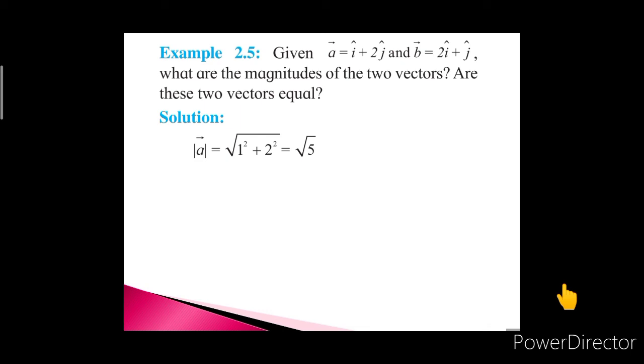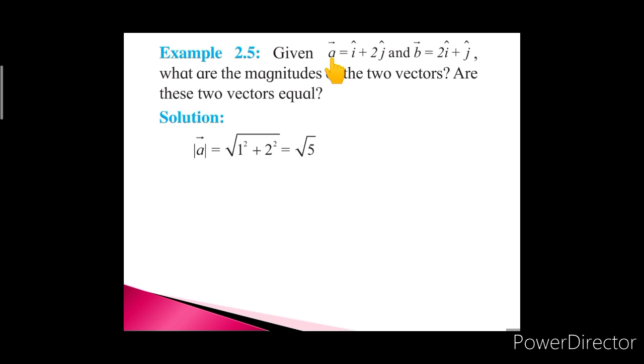The magnitude of any vector is determined by taking the square root of the addition of squares of its magnitudes along the given directions.